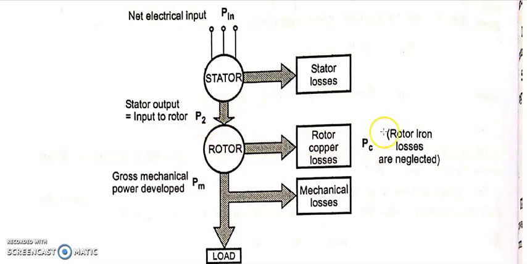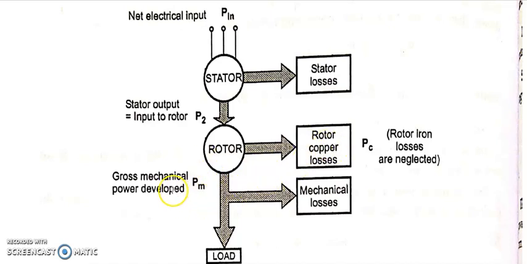So P2 minus PC will give me PM, the gross mechanical power developed. So whatever input is given to the rotor, some of the power is utilized supplying the rotor copper loss, and the power that remains is called the gross mechanical power developed. So PM is equal to P2 minus PC.